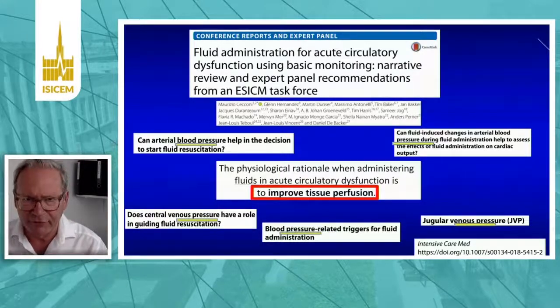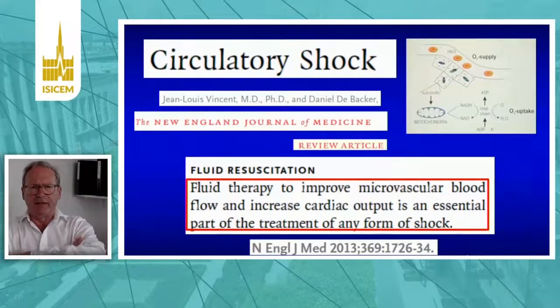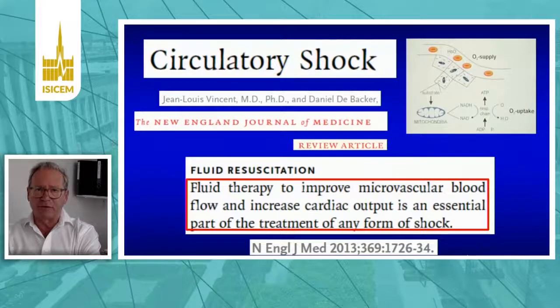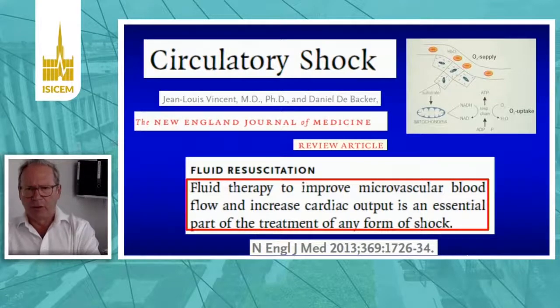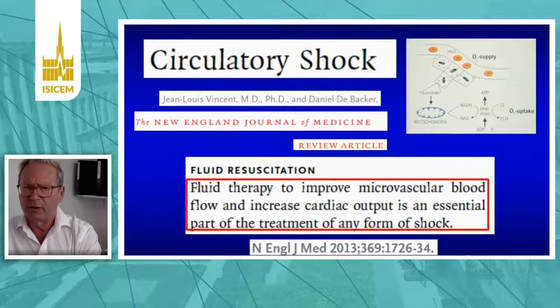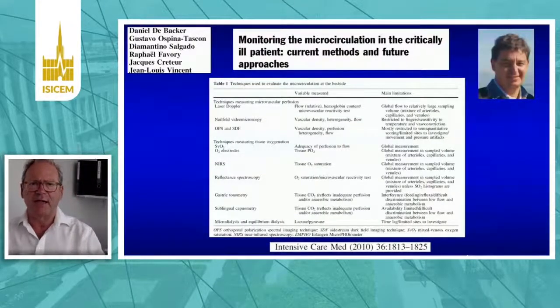You read it everywhere. And more precisely, if we look at it in this particular review paper by Professor Vincent de Backer, it is to improve microvascular blood flow. So we have here already two concepts, tissue perfusion and microvascular blood flow. So what do we need exactly?